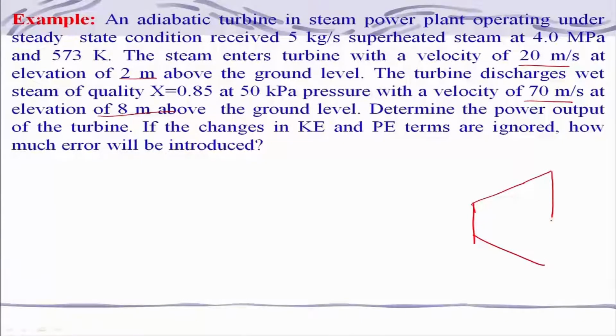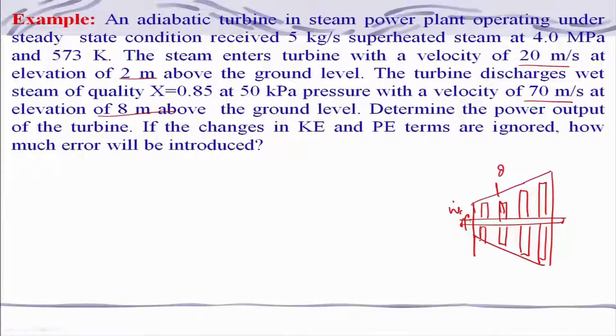Let us say this is your turbine, there are blades, there is a shaft work, and heat is 0.